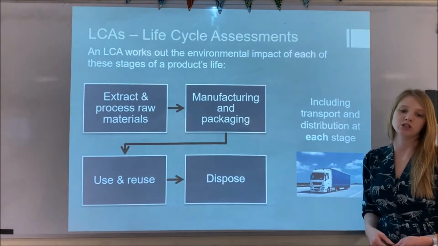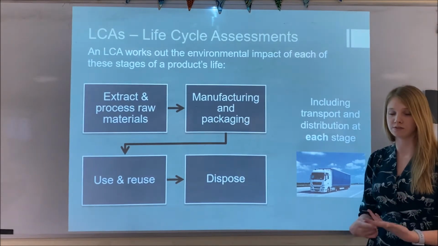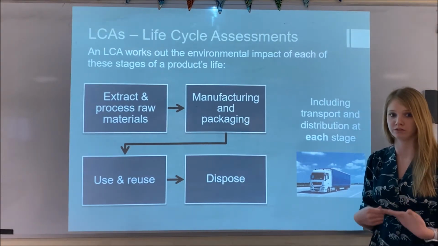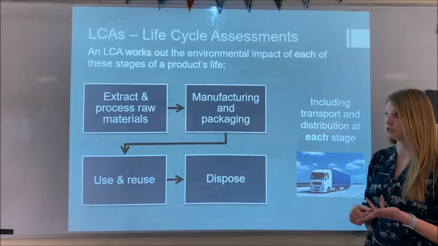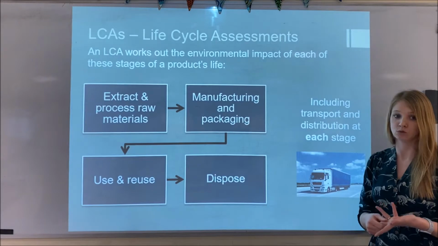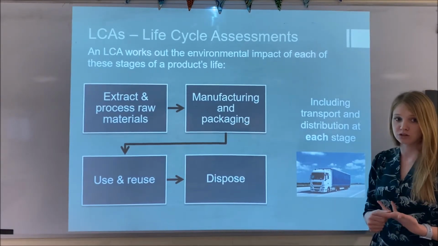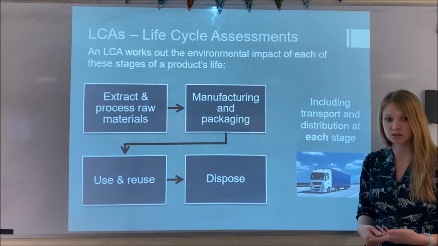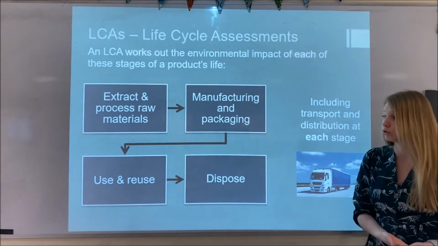So just between two different types of cereal boxes, you can see that the life cycle assessments are already quite varied. The way that we analyse the impacts of each of those stages is also quite complicated. The materials that are used can be produced in different ways. Cardboard obviously comes from trees, the plastic packaging will come from crude oil.